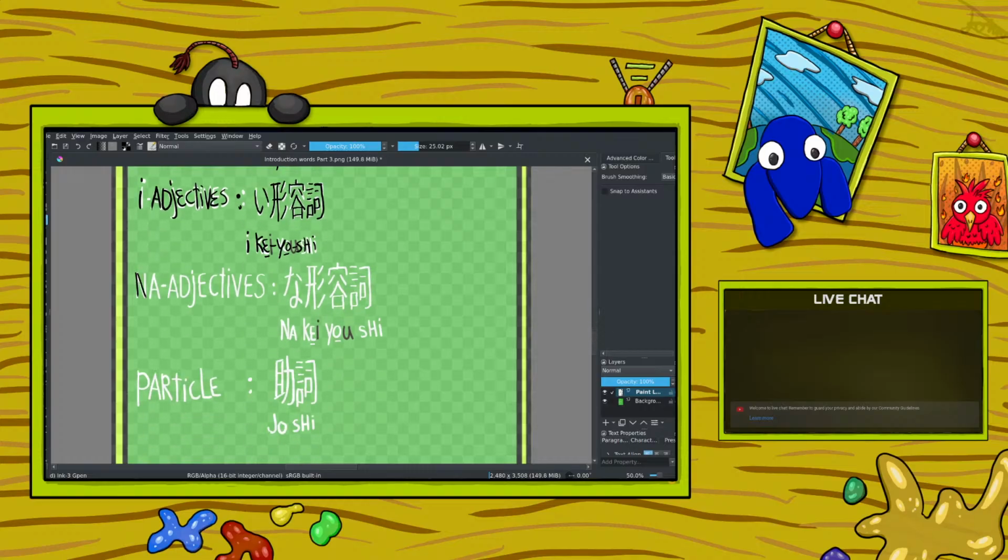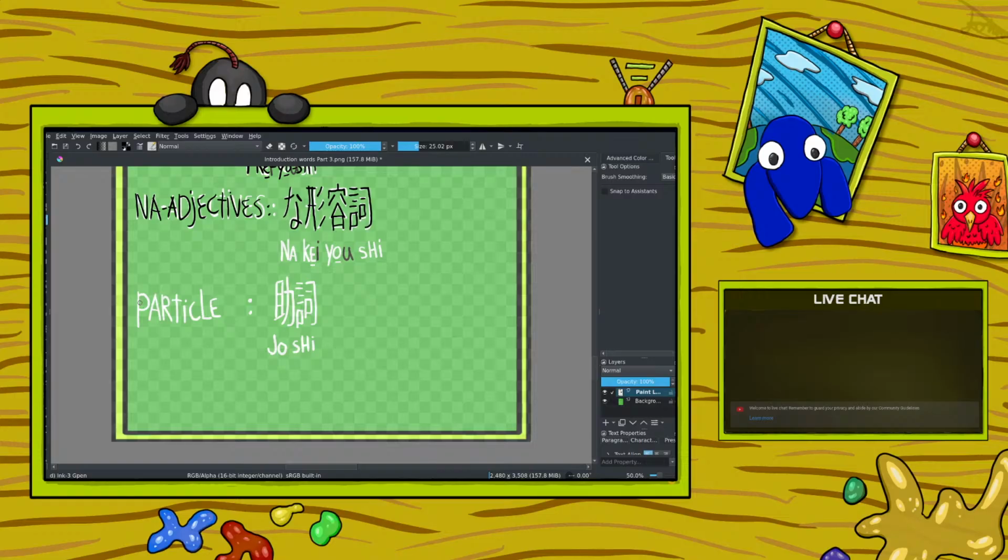Then we have the na adjective, which is also the same as the first one, but one letter different. Nakeiyoshi. Alright, and then we have particle.